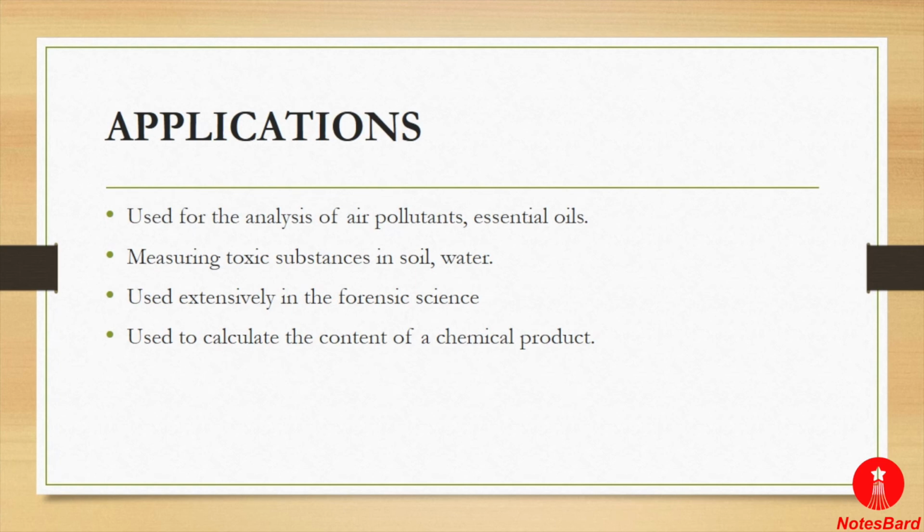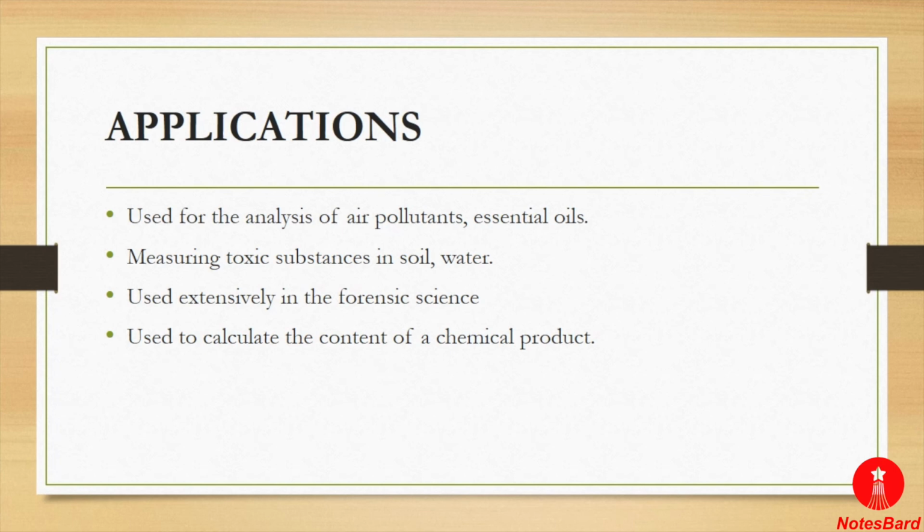Now let's discuss the applications of gas chromatography. This method is widely used for the analysis of different air pollutants like sulfur dioxide, carbon dioxide and many others. It is also used for the analysis of different types of essential oils extracted from plants and flowers, like lavender oil and rose oil.